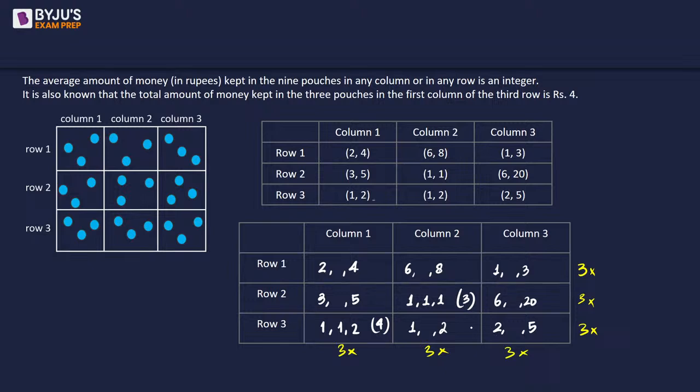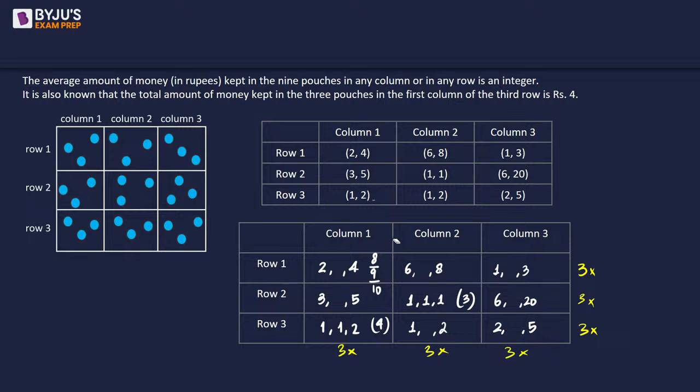So this is what we have. Now, if we look at, let's say, first column, we can have 2, 2, 4, which will give us a total of 8. 2, 3, 4 will give us a total of 9, and 2, 4, 4 will give us a total of 10.